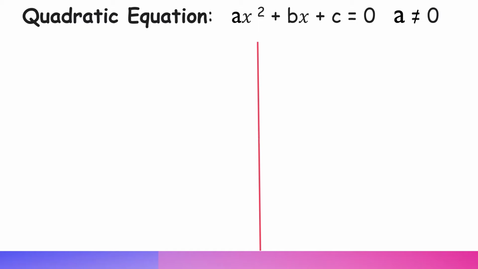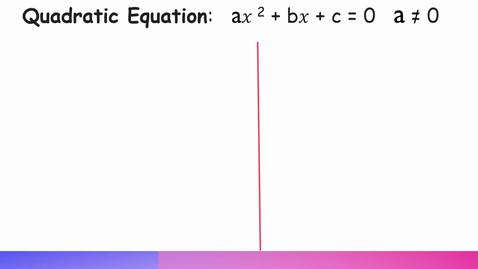Now, let's quickly look at the general form of a quadratic equation, which we can clearly see represented as ax squared plus bx plus c is equals to 0, provided a is not equals to 0.